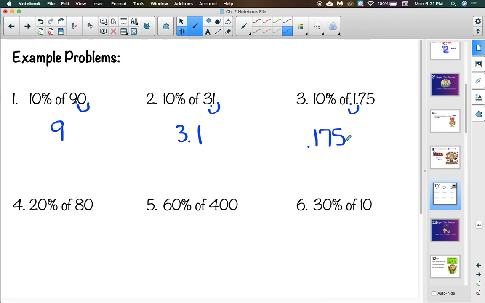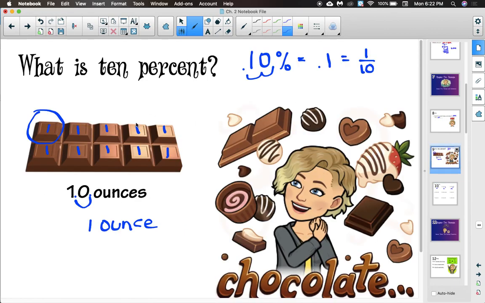Now, you're thinking, okay, great, I can find 10% of a number. How useful is this? Well, let me show you. If you can find 10% of a number, then you can also find 20% of a number. So back to my chocolate bar for a second. If we know what 10% is, then we can very easily find 20%, because 20% is just 2 tenths. So this was 10% here. This is another 10% right here. So to find 20%, I take 2 10%s.